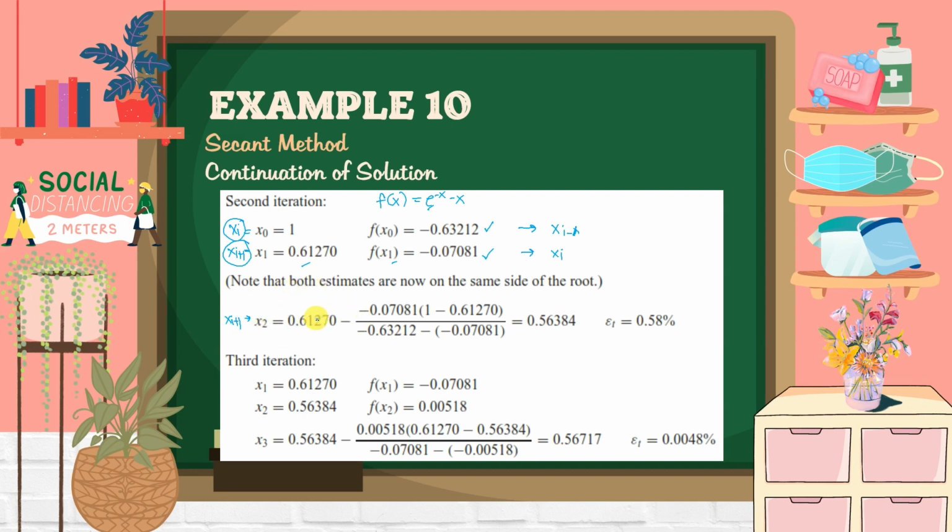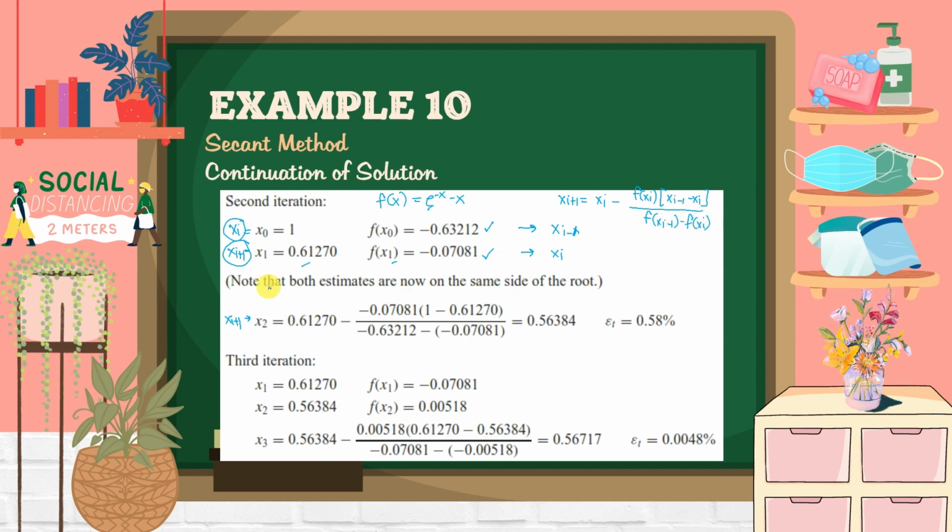So substituting, from the given formula of the second method, we have x sub i plus 1 equals x sub i minus the function of x sub i multiplied by the difference of x sub i minus 1 minus x sub i, all over the function of x sub i minus 1 minus the function of x sub i.